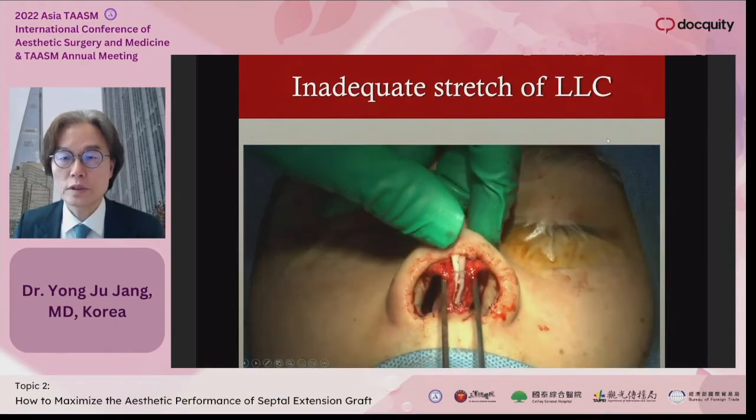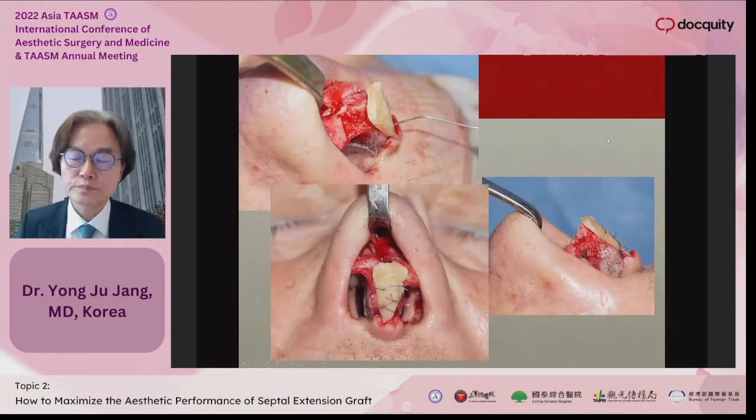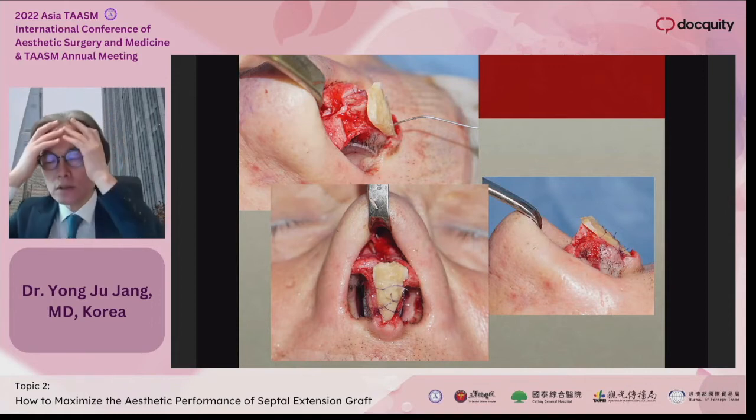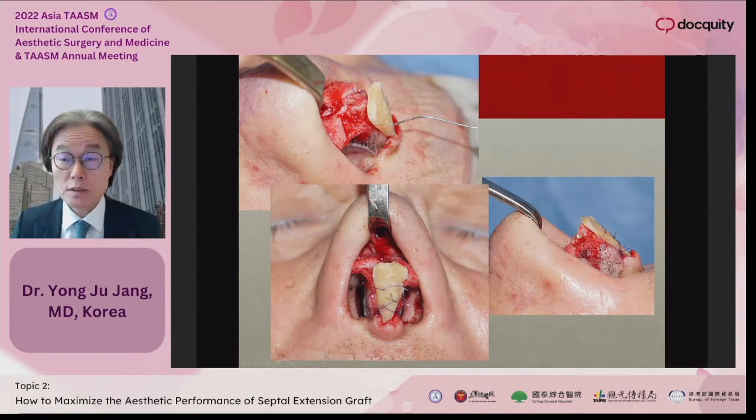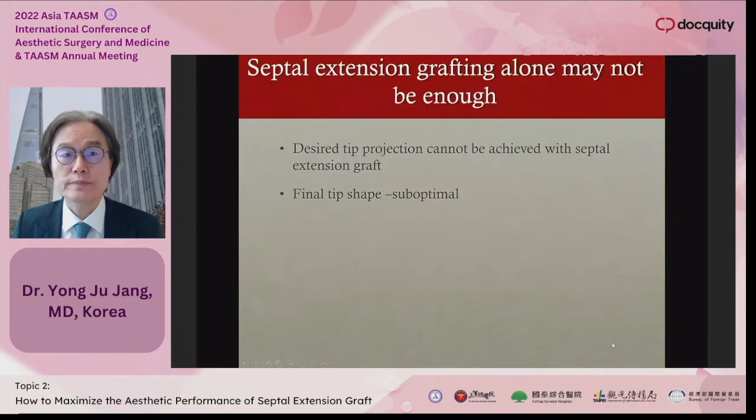So it's very important to have a full dissection. But in some cases, you cannot perform full dissection, but you still have a projected septal extension graft like that. Then you can cover it with a tip graft like this. This can be another option.